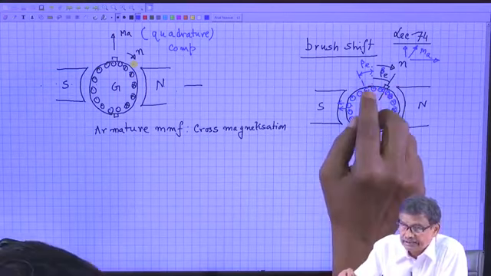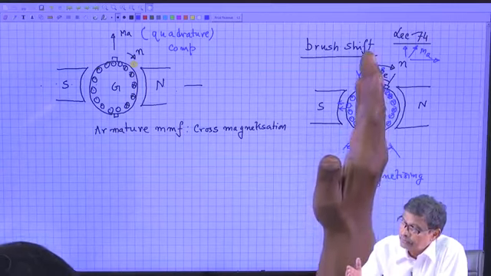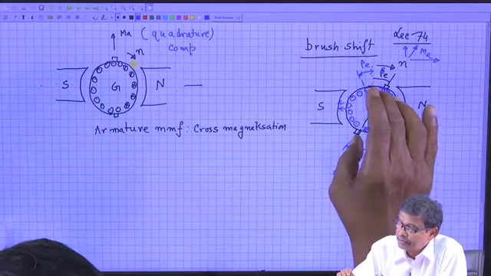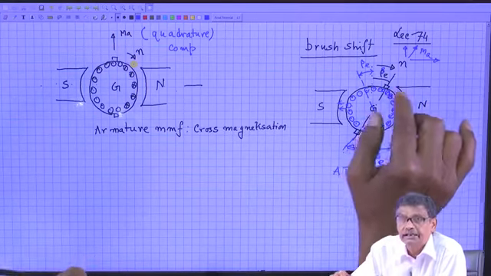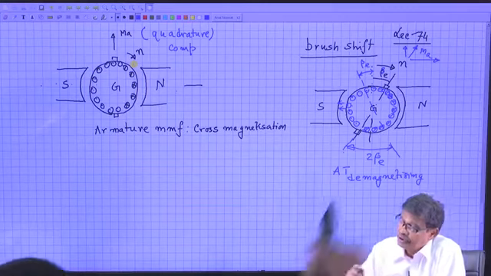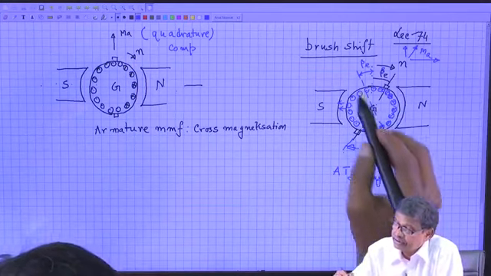beta E is the angle from the normal position of the brushes. I have given a shift of beta E electrical degrees. Then I will draw another beta E here.